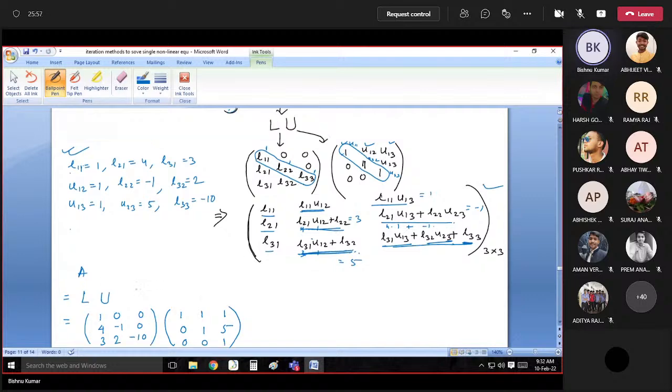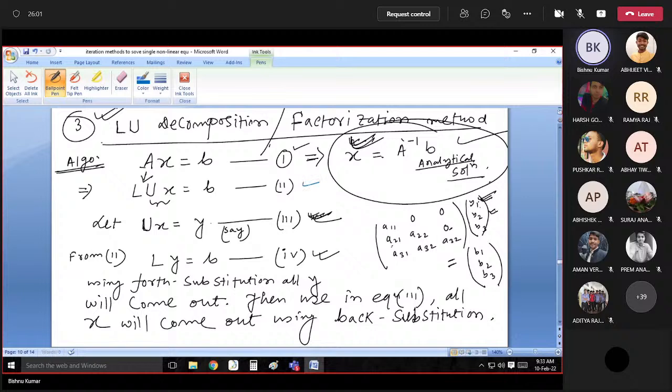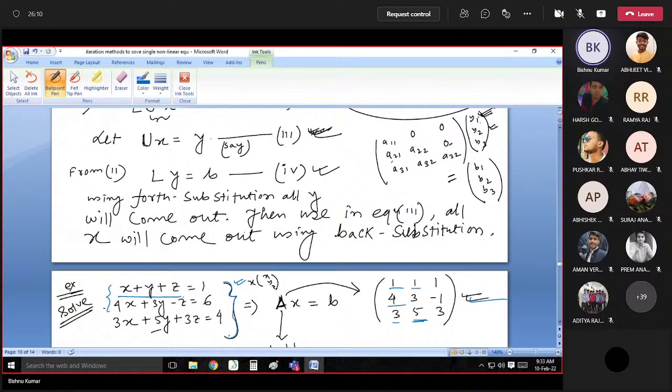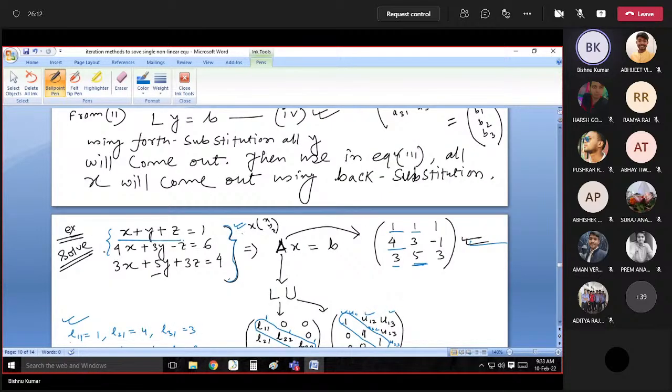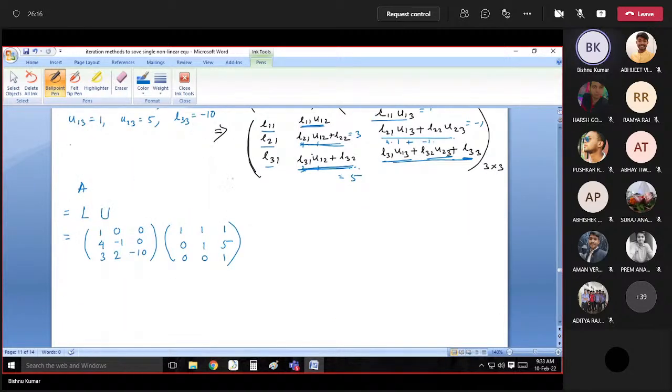So now you just use your algorithm. This algorithm: AX equals B, then LUX equals B. Consider UX equals Y, then LY equals B. So those 4 lines you will write again and again.